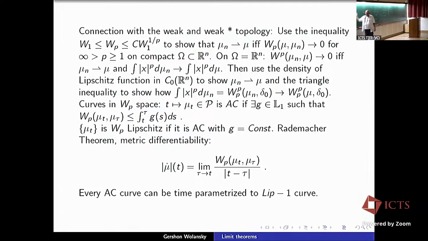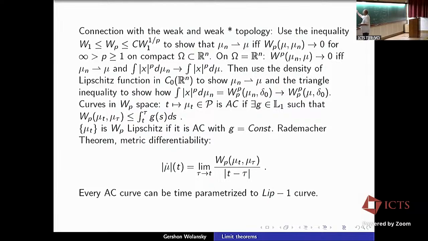This is just the extension of the L1 distance between the densities, but it's not equivalent, of course, to weak convergence. But we can represent the total variation norm as a Wasserstein distance with respect to the discrete metric.